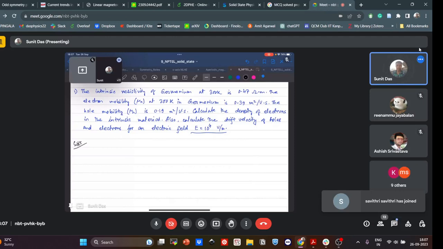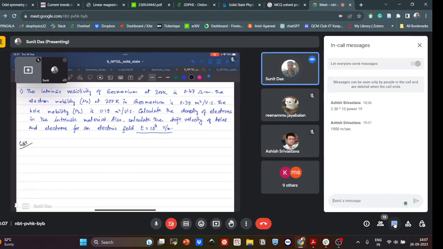Right. 1900 would be drift velocity for holes. So any other person, are these answers matching? These are correct answers.